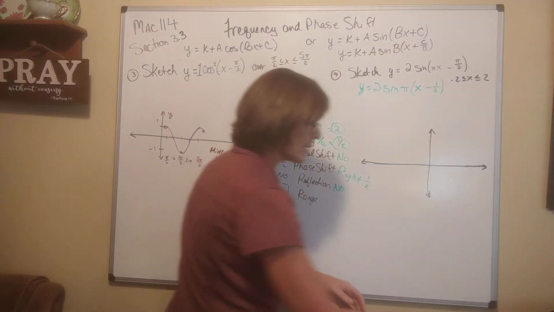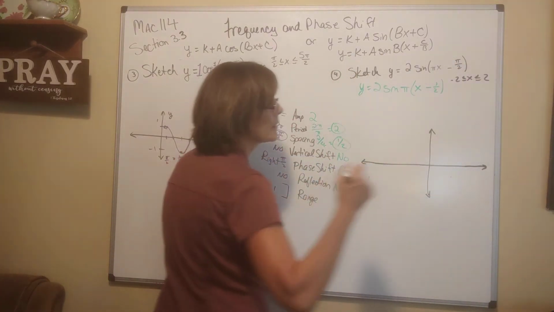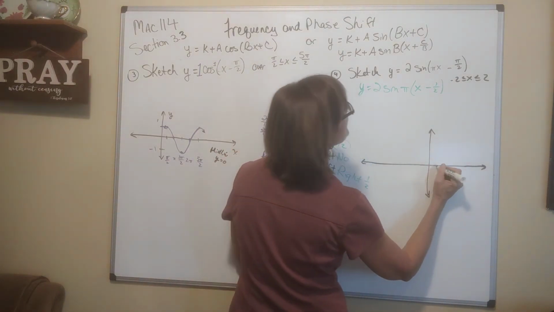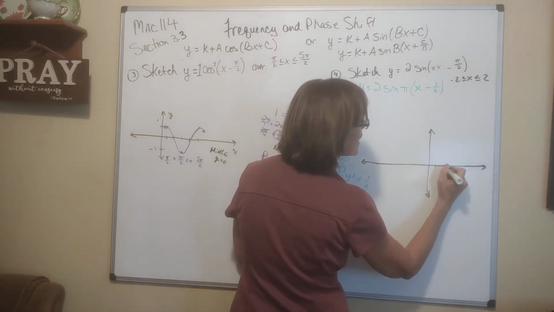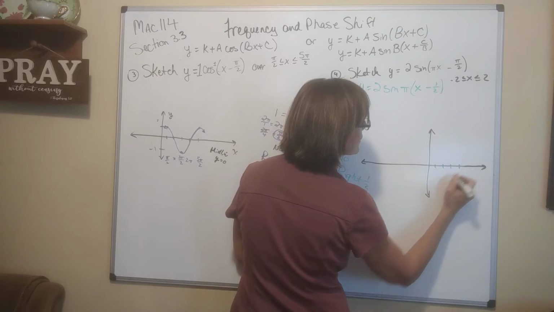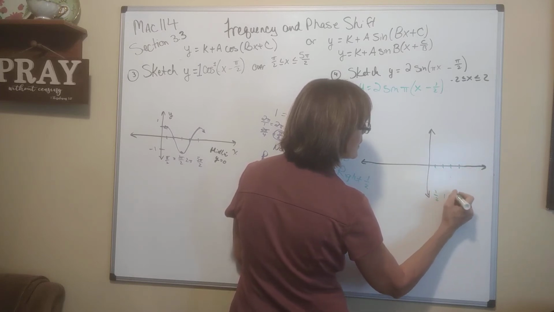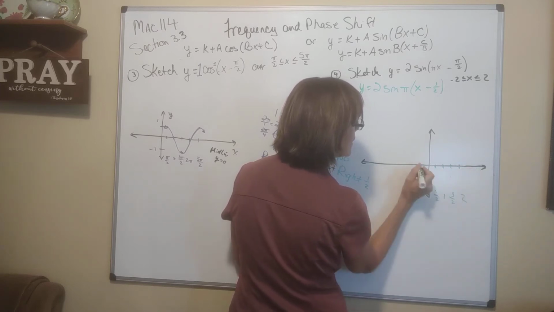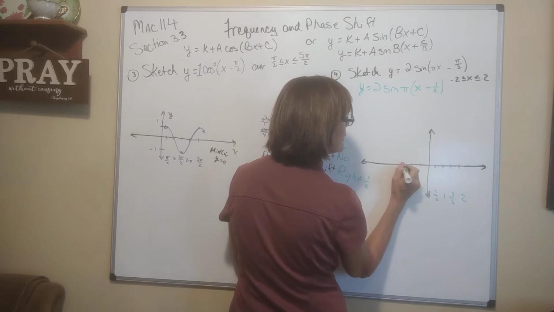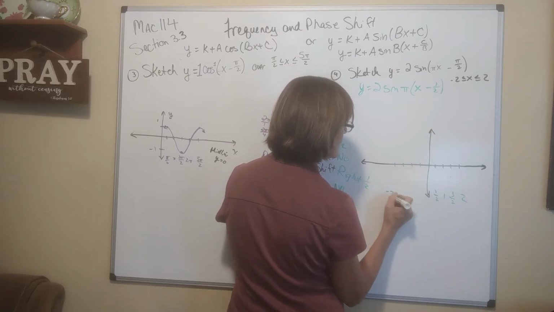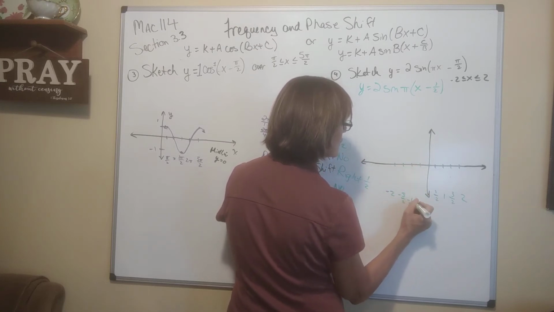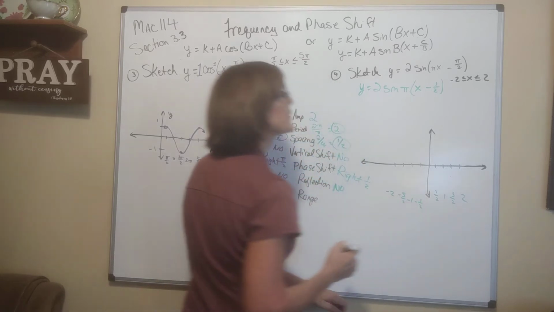So let's start cutting up our axis with the spacing. Let's go to the right, and we got to go all the way to 2. So we've got 1/2, 1, 3/2, 2. And to the left, negative 1/2, negative 1, negative 3/2, negative 2. All right.